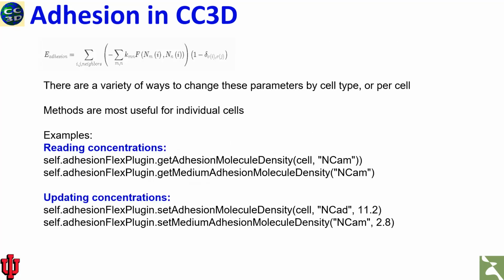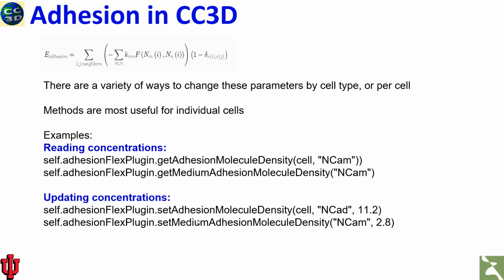Another thing that this plugin allows you is to change the density of the molecules during the simulation, for example inside the step function. If something happens in your simulation, an event changes the behavior or the state of the cell, you can change the density of the molecules with those calls that you can see on the screen there. You read the concentration here with this long command, self-adhesion, flags, plugin, get, and so on, giving the ID of the cell and which adhesion molecule you want to change.